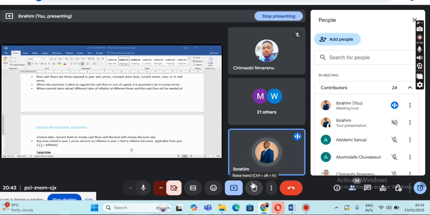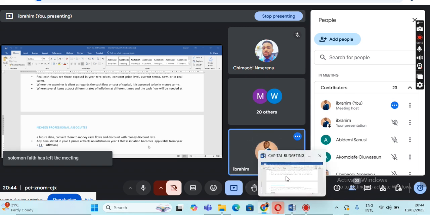You have to start from year two because the current price is 20 naira. When you want to inflate, you start from year two, unless it is stated that the inflation rate for year one is 2%, in year two is 2%, and that is how you will approach that question. Please take note of this part as it is very important.